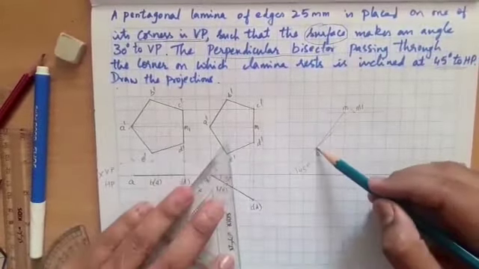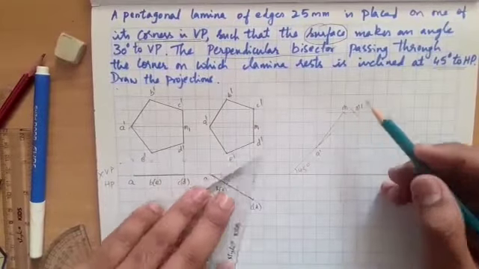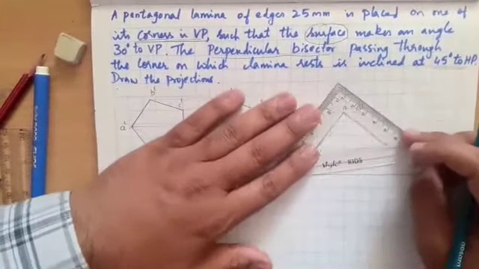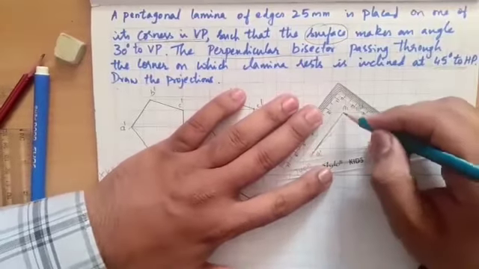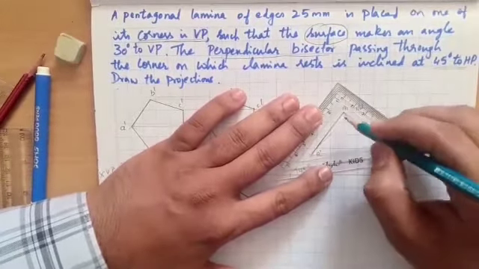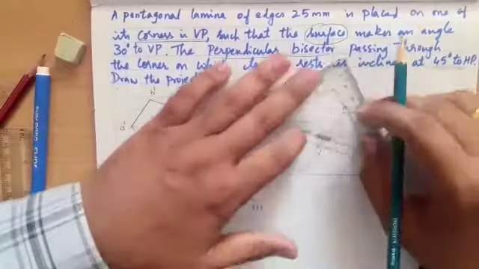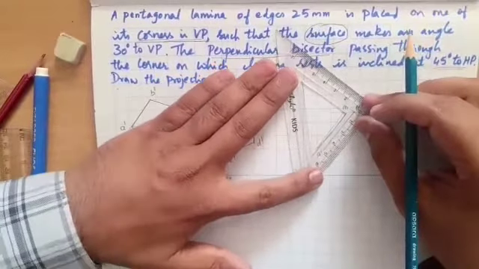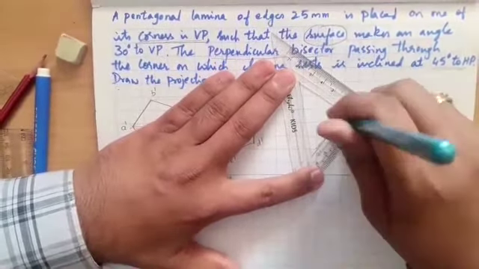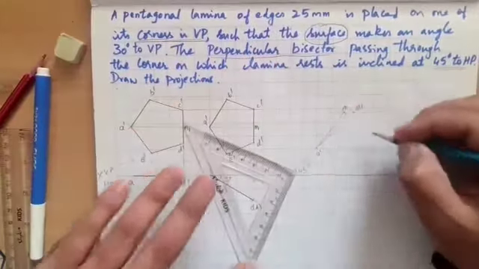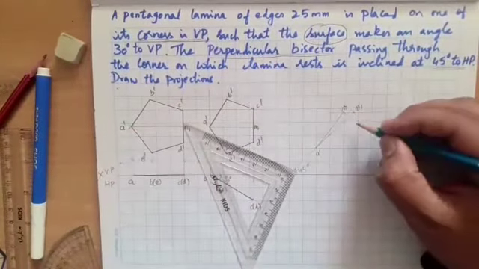So to the AM line, I'm going to draw a perpendicular line. I have drawn a perpendicular line to this line.